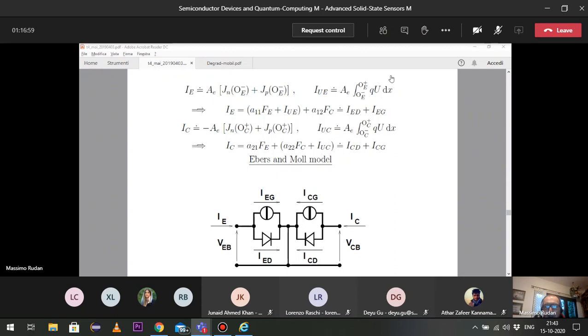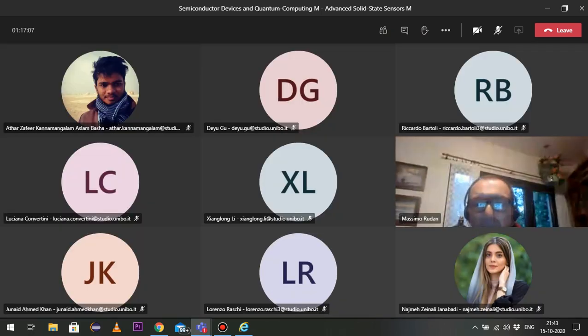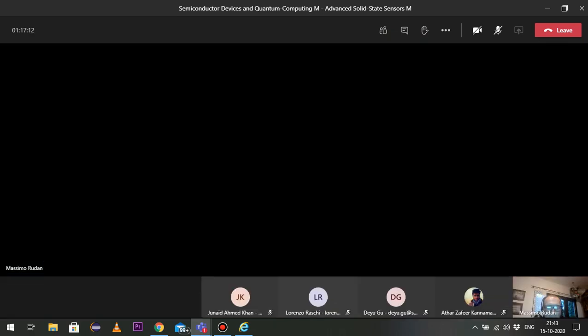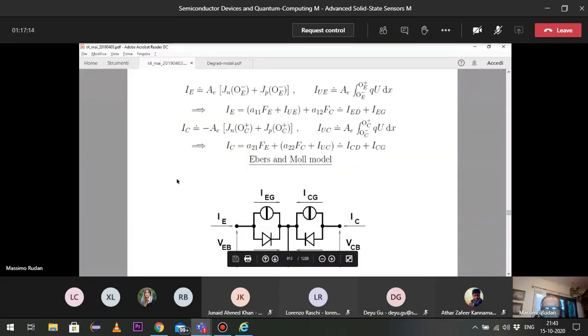So let me share the screen. We just described the emitter current.